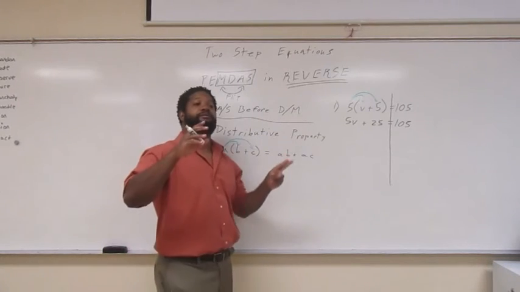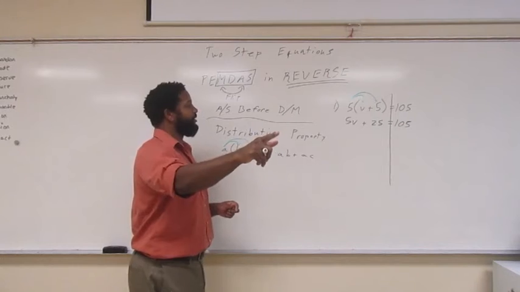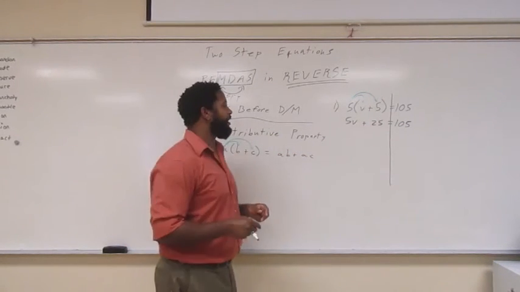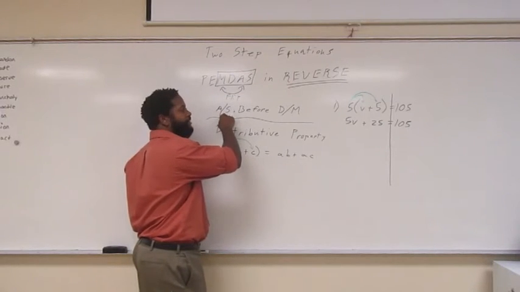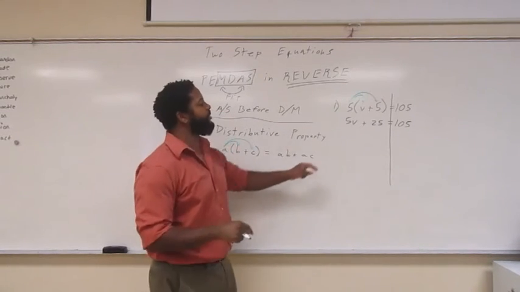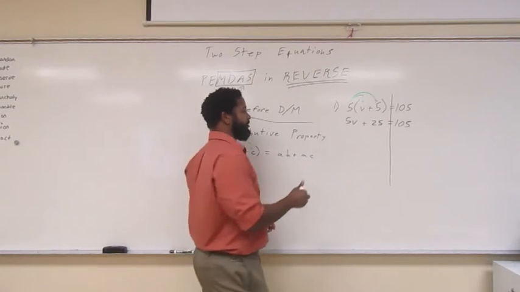Whatever you do on each side, you do to the other. We subtract this 25 to the other side, okay? Remember what I said. Do your addition and subtraction before you do your multiplication and division. What's happening between that 5 and the V? Multiplication, right?